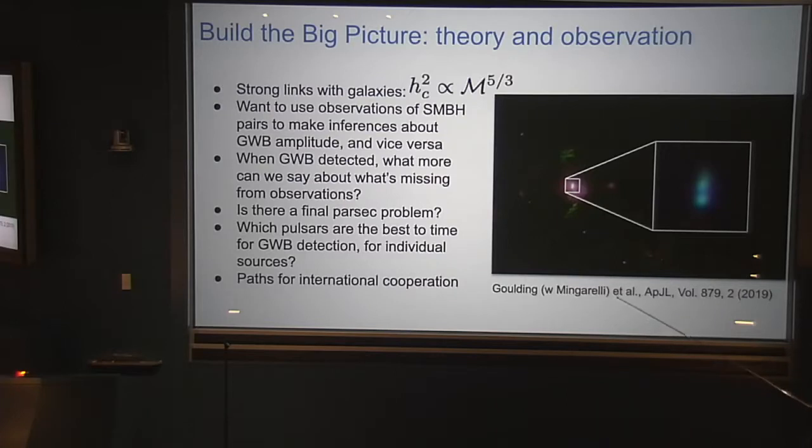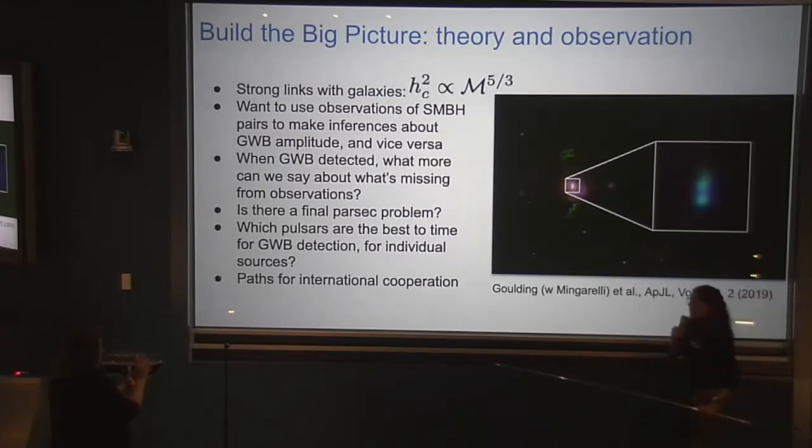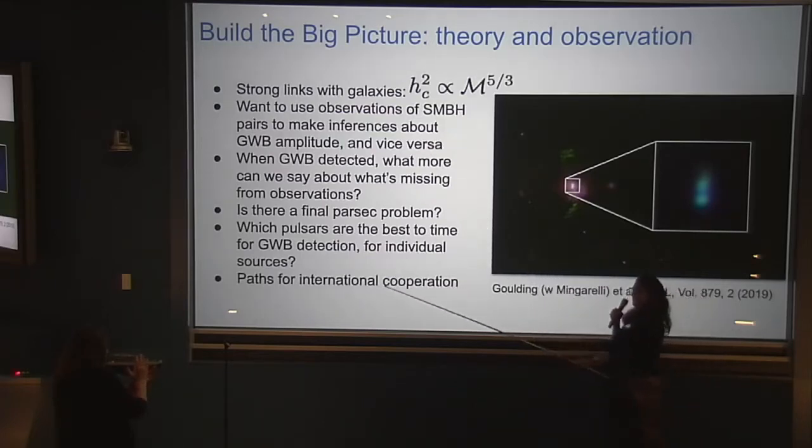So they came to the CCA and they said, we found a supermassive black hole pair. The black holes are 10 to the 8 solar masses, and they're at 400 parsecs from each other, but they're super interesting. What can you tell us? And I said, I can tell you about the amplitude of the gravitational wave background, and I can go through all of these points later with you over lunch.